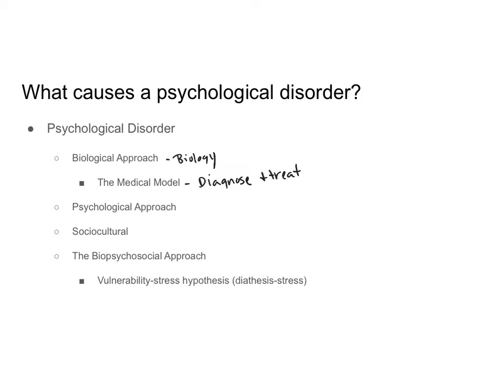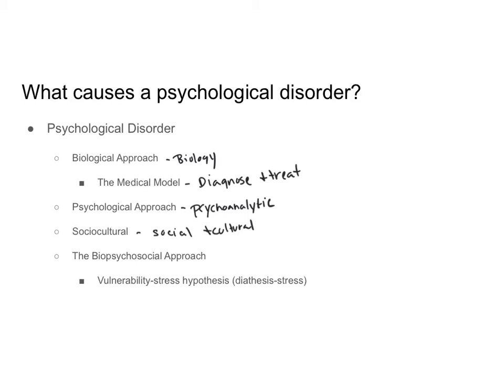We look at it from the psychological approach or from the psychoanalytic approach, where your unconscious is going to play a role. Social cultural, where social and cultural plays a role. The biopsychosocial approach, so where we really take a look at everything. And then finally, the vulnerability stress hypothesis, or the diathesis stress hypothesis.